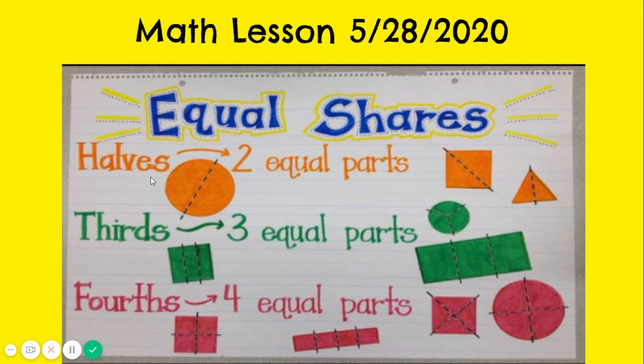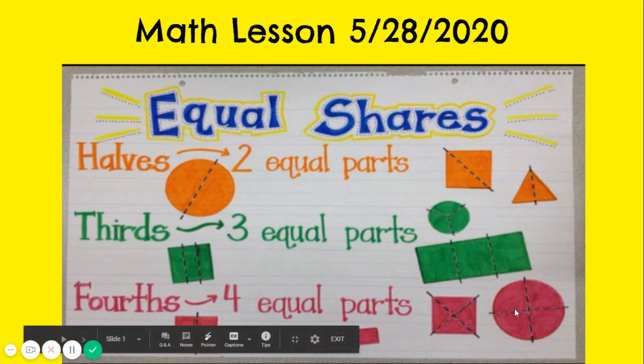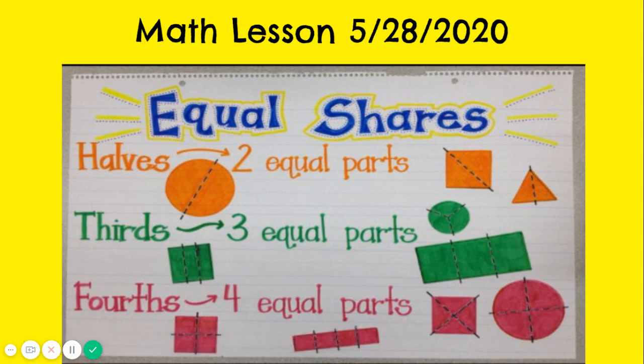This is called halves. This orange square has been divided into two equal parts, and this triangle has been divided into two equal parts. They have equal shares, and it's called halves. That's what we're going to be talking about today. The green shows three equal parts, and the red shows fourths, four equal parts.